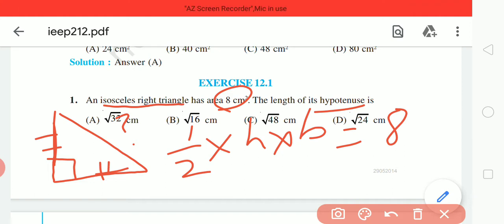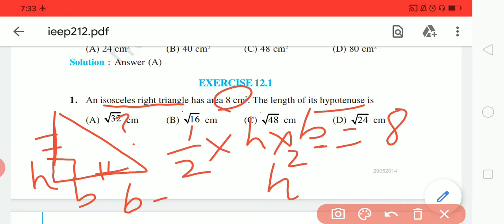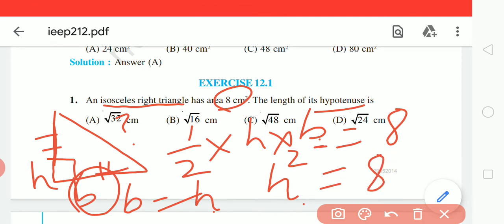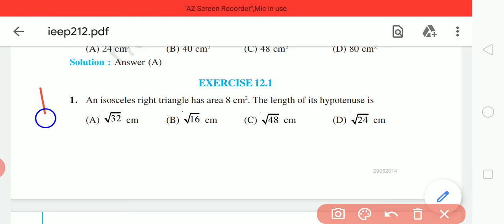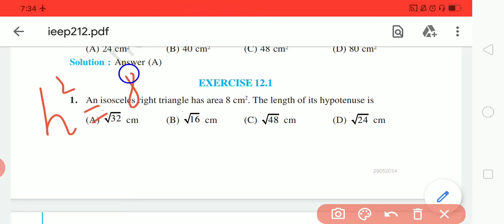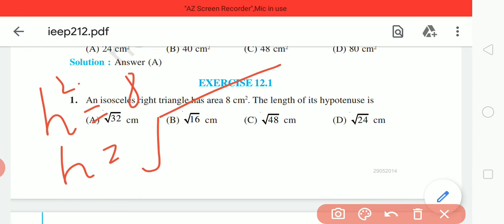So height and base are both equal, so you can write h for b also, b equal to h. So h into h is h square equal to 8. So taking square root on both sides, h is equal to root 8, because square and square root will cancel here. 8 can also be written as 2 into 2 into 2.